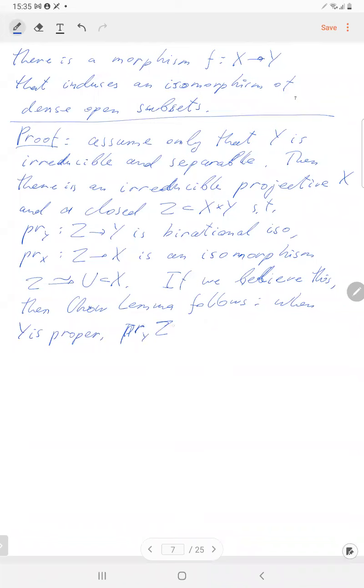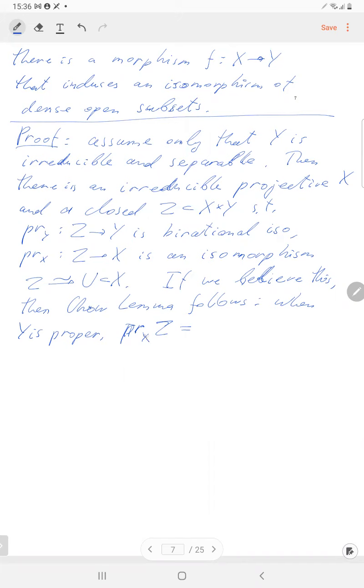On the other hand, it is birational to y, so it contains some open subset, so it must just coincide with y. No, I'm sorry.